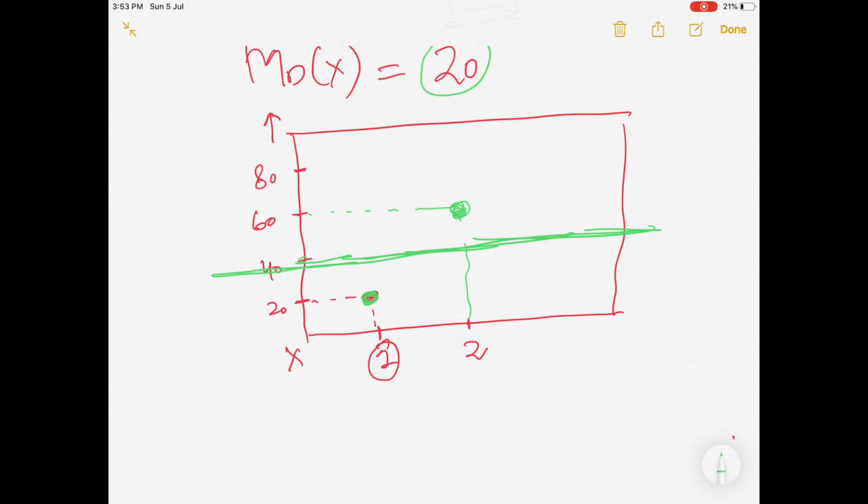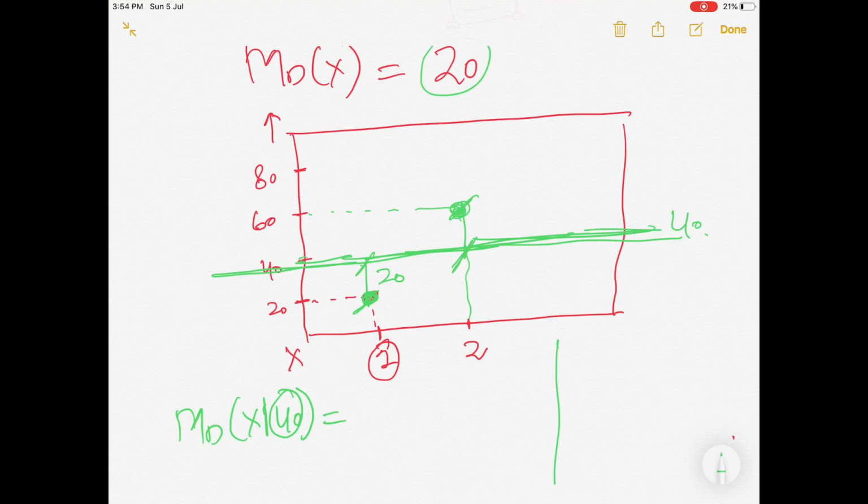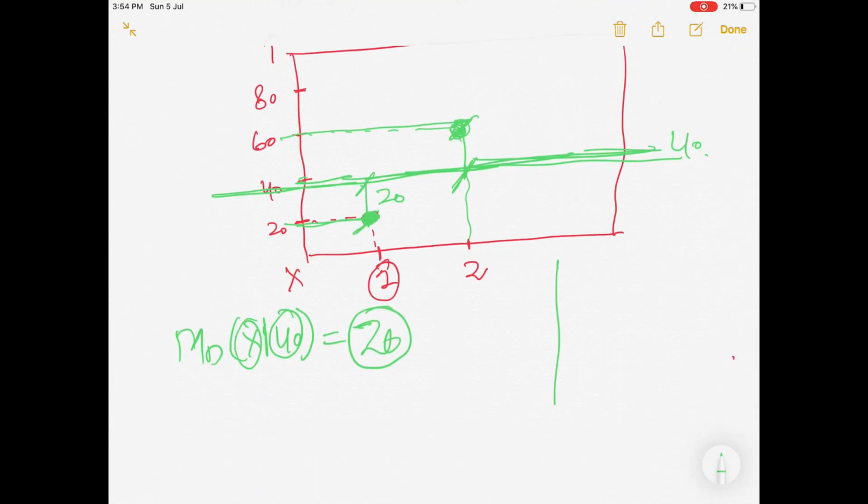What the mean deviation of this data about the 40 point is telling us is that all the points, 20 and 60, are deviating from this point by a range of 20. So this mean deviation of 20 is telling us that, on average, each data point within this data set is deviating from 40 by a value of 20.